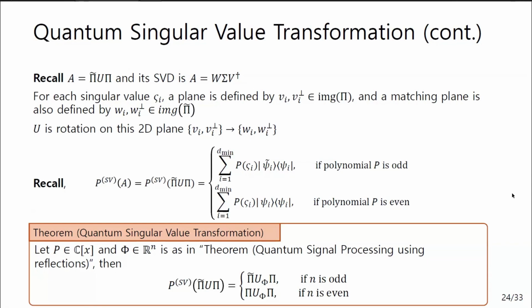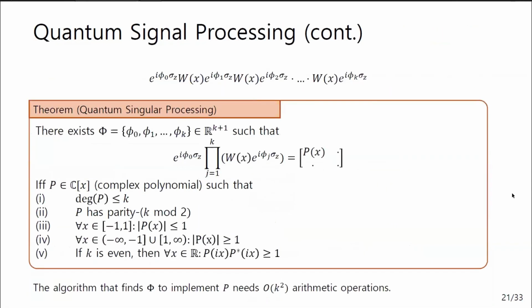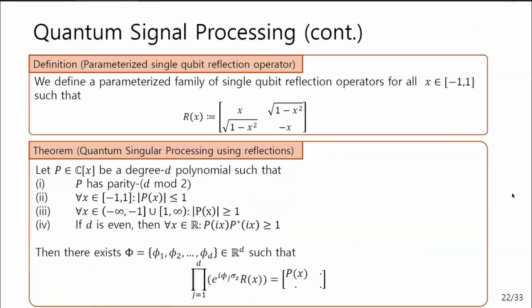And so this is our main topic, the theorem of quantum singular value transformation. Let P be a polynomial with complex coefficients, and phi be a sequence of real numbers of length n, as in the theorem of quantum signal processing using reflections. So this phi is the same phi I mentioned when I talked about quantum signal processing.